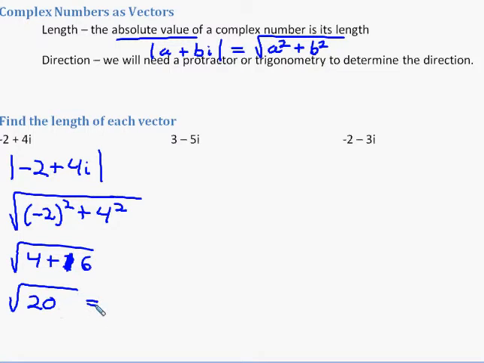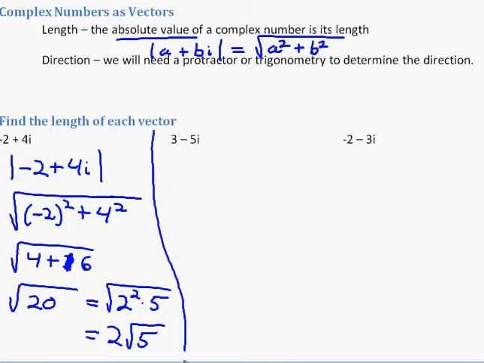Simplifying that, as we learned earlier, I'll write out a little bit of the work here. 20 is 2 squared times 5. So this is 2 times the square root of 5, the length of that vector.